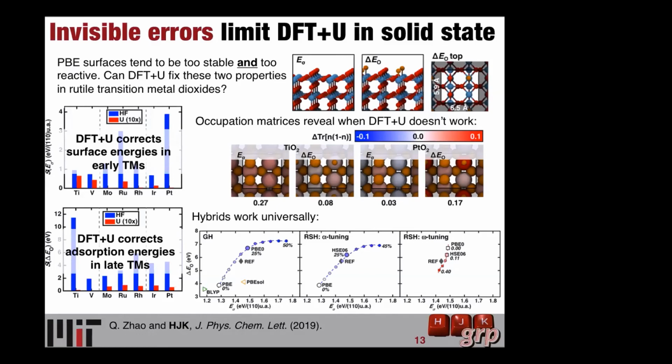Kulik. The question I have is about the transferability of this Hubbard U. What I mean is, for example, you are studying two systems, for example, Cu2O and CuO, for example. They have in common the copper, and to what extent can you keep the same U value for that copper when you are studying a given property in both systems, for example, the band gap?